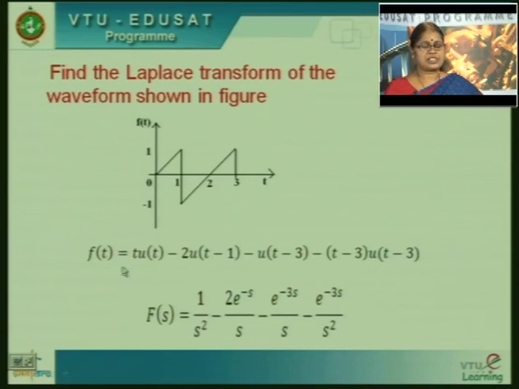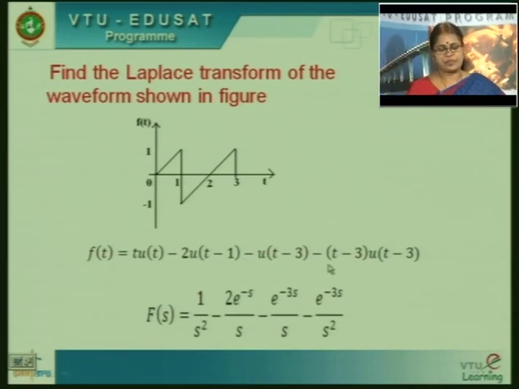So, f of t is equal to t u of t minus 2 u of t minus 1 minus u of t minus 3 minus (t minus 3) u of t minus 3. So, the Laplace transform of this function is 1 by s square minus 2 e power minus s by s minus e power minus 3s by s minus e power minus 3s by s square. This is the Laplace transform.